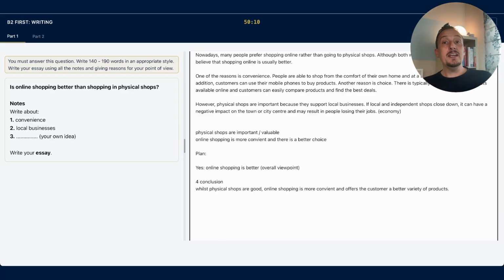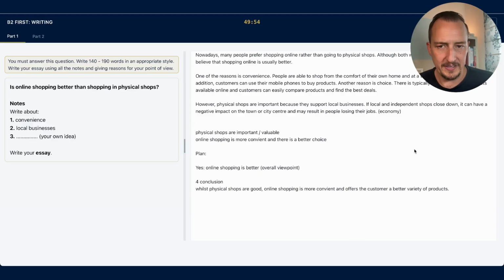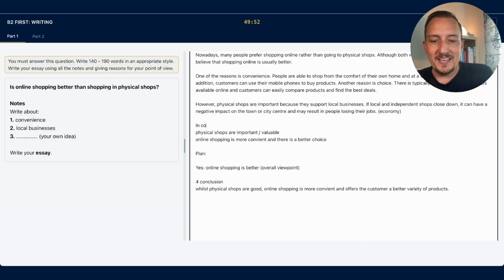Okay, so we've got a nice contrasting conclusion that we can write here. We can say, on the one hand, physical shops are important. However, online shopping is more convenient, etc. And that summarizes our sort of viewpoint, I think, quite nicely. So let's start with the classic. No problems with using the phrase in conclusion.